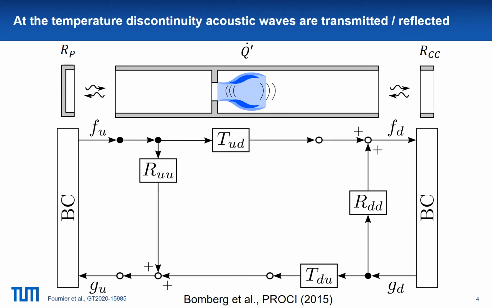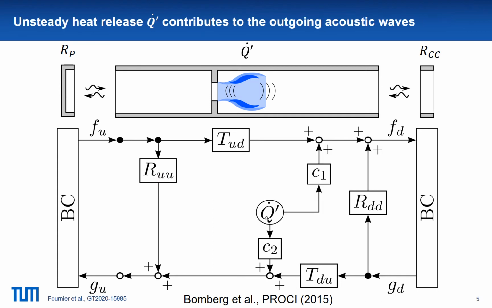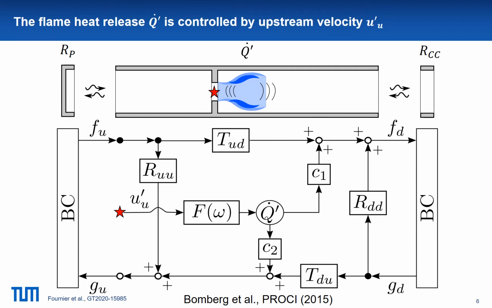At the location of the flame, there is a temperature discontinuity, which means that the acoustic waves will be partially transmitted and partially reflected. As we just mentioned, the unsteady heat release also contributes to the outgoing waves. For a velocity-sensitive flame, the unsteady heat release Q dot prime is directly controlled by the upstream velocity U prime through the flame transfer function.